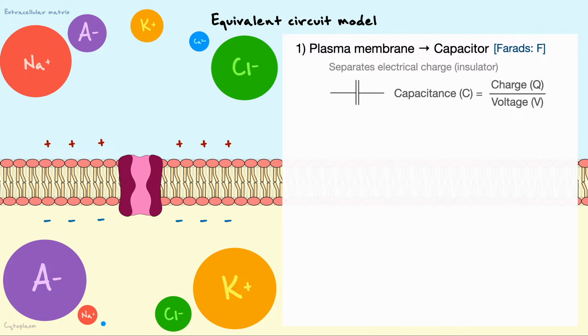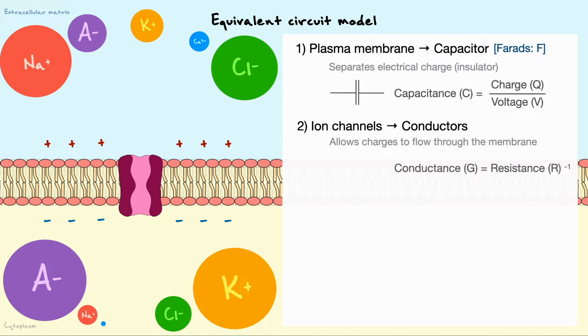Because the membrane contains ion channels that let charges move, the membrane is considered a leaky capacitor. The ion channels in this case are a source of conductance because they allow charges to flow. Recall that resistance is the inverse of conductance, so we could technically think of the channels in terms of resistance.